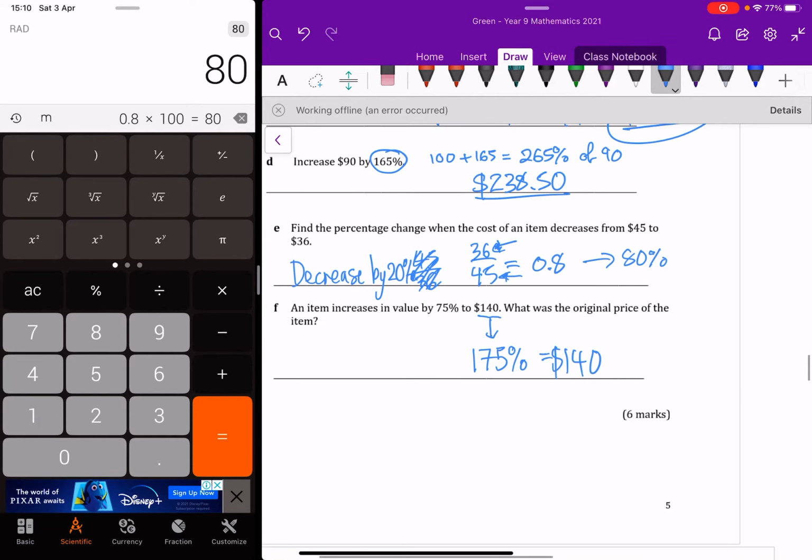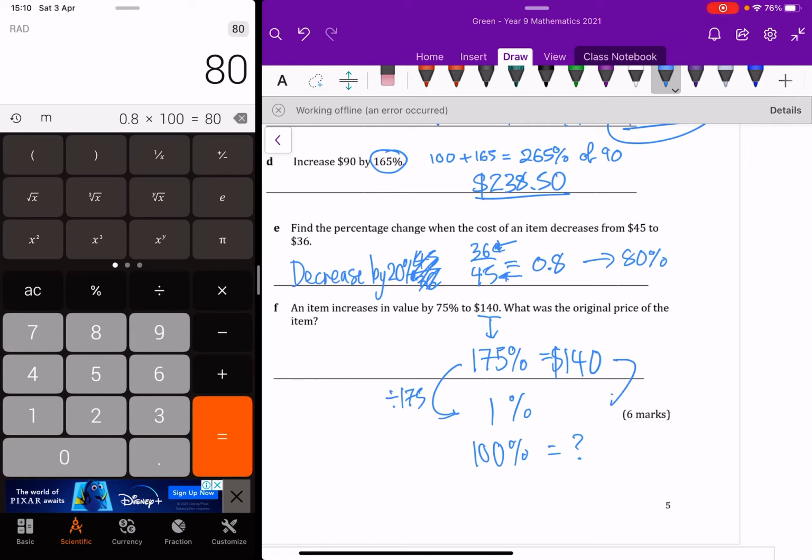So the way that I find my way back is I'm trying to get back to 100%. That's my aim, and that'll tell me what my original value was. So I'm going to do it in 2 steps. I'm going to divide by 175, and this is going to give me 1%.